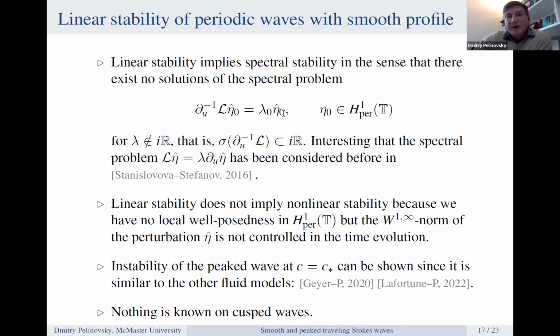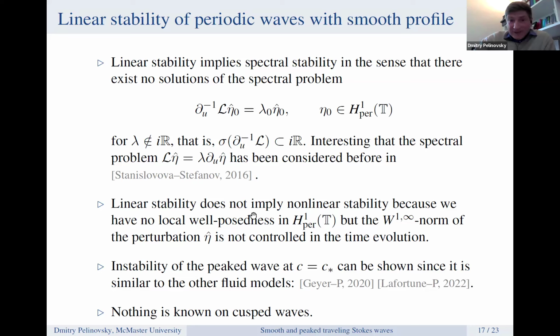What is interesting about this problem is that if we now differentiate this, we can reformulate it in the form which appears in the work of Stanislav and Stefanov in 2016. I think they were looking at the different examples, but now with this toy model, we have a very natural example where, for applications of this stability theory for this strange, interesting eigenvalue problem.